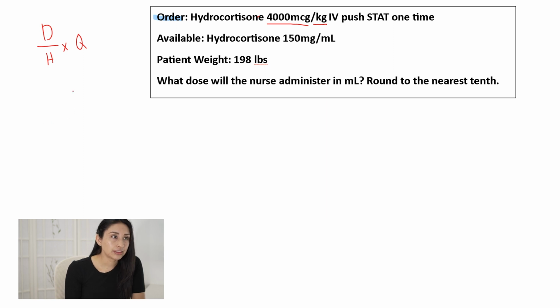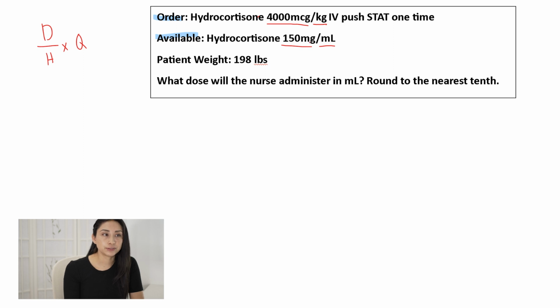Now let's look at the H part. So when we're looking at what we have on hand, we need to look under the available section. So when we look under the available section, we see that we have hydrocortisone 150 milligrams, and it comes in milliliters. So under the available, that will give us our H. The H is going to be 150 milligrams because remember, the H stands for the concentration of medication that we have on hand.